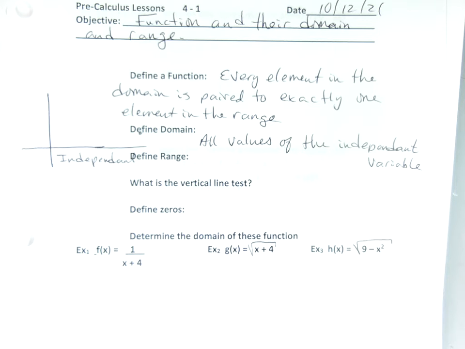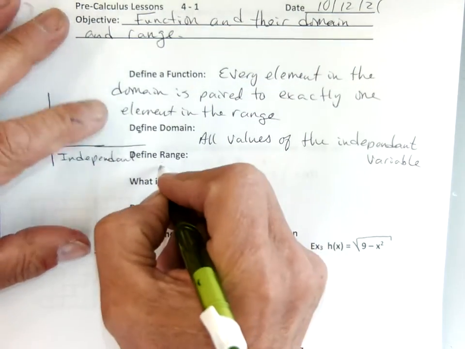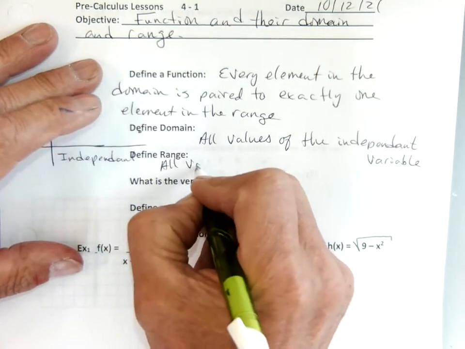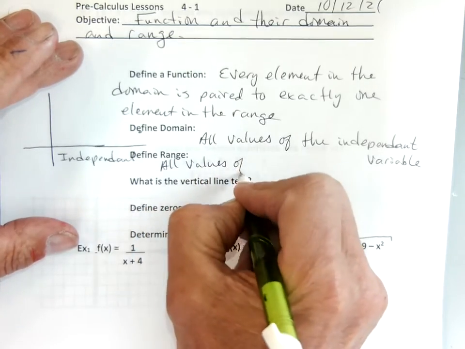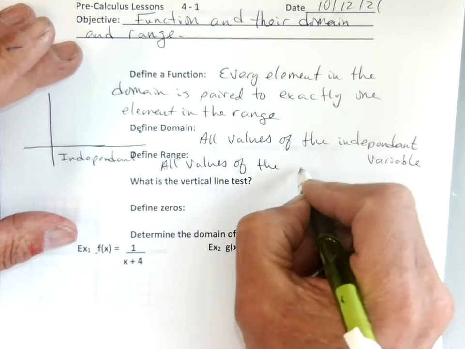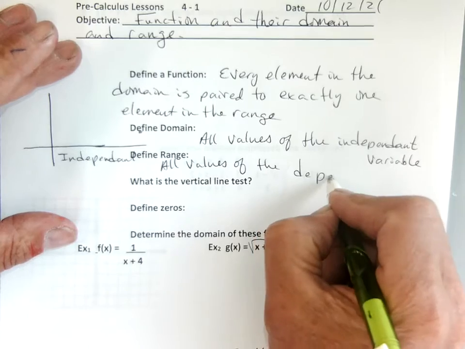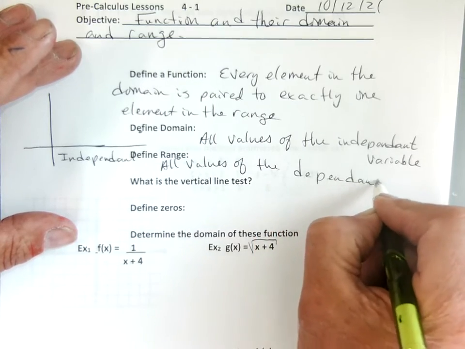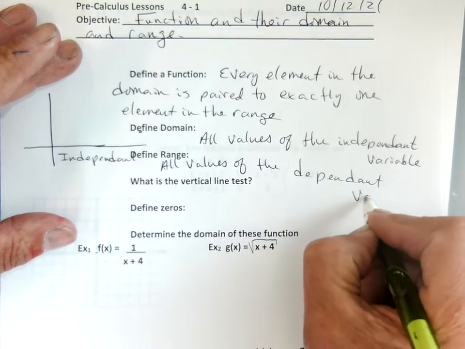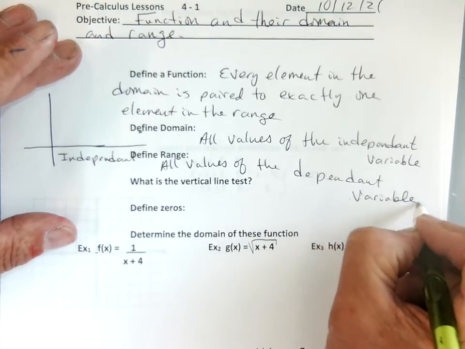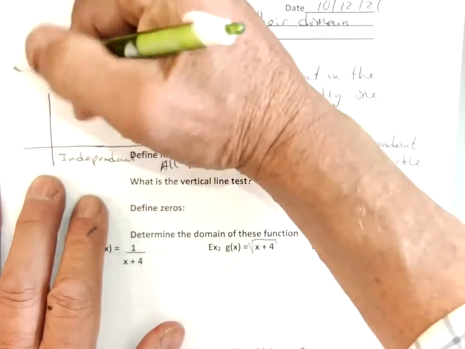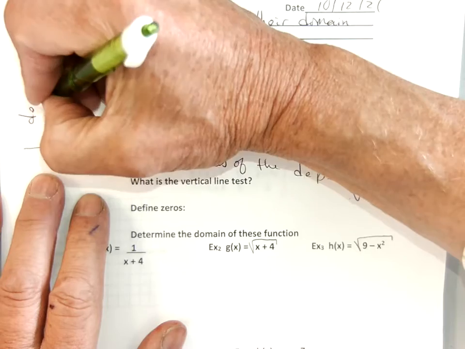So when we take a look at our range, it is all possible values of the dependent variable. The dependent variable is always on the vertical axis.